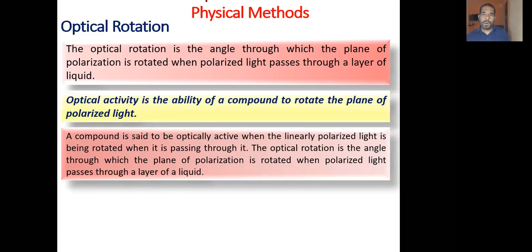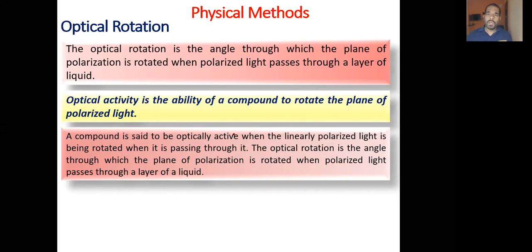A compound is said to be optically active when linearly polarized light is rotated as it passes through it, and optical rotation is the angle through which the plane of polarization is rotated.